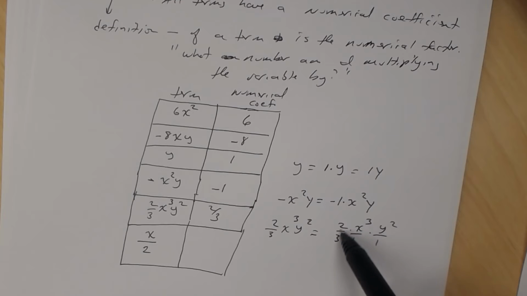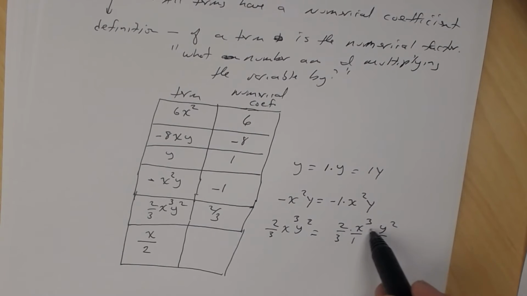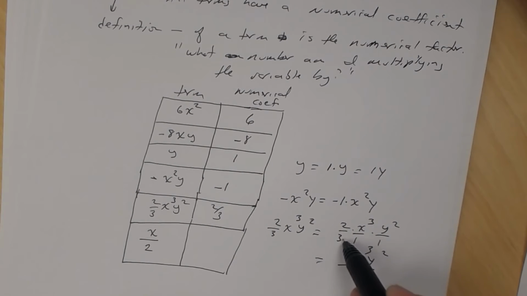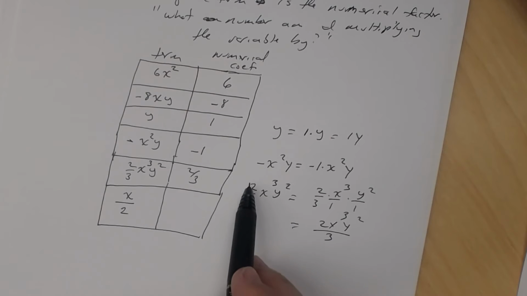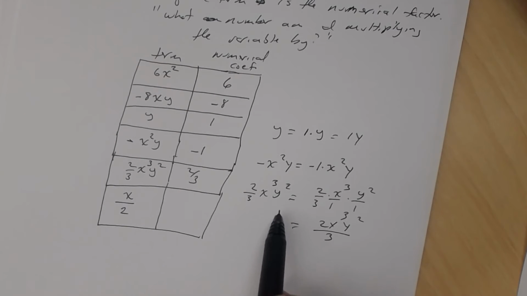Okay? So remember, all this means this, because x cubed over 1 is still x cubed, and y squared over 1 is still y squared. If I multiply the numerators out, I get 2x cubed y squared divided by, and then 3 times 1 times 1 is just 3. So this is the same thing as saying 2/3 times x cubed y squared.